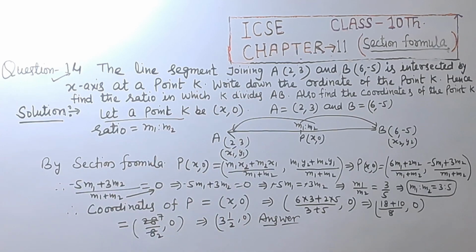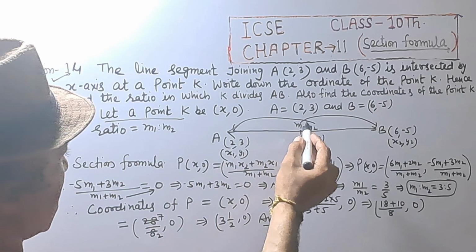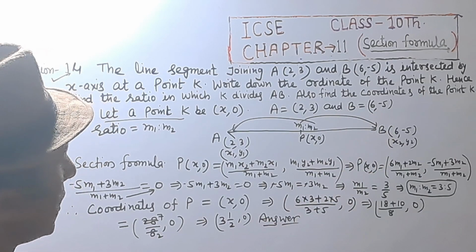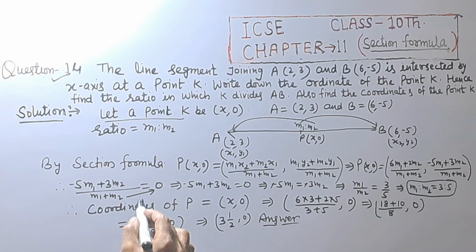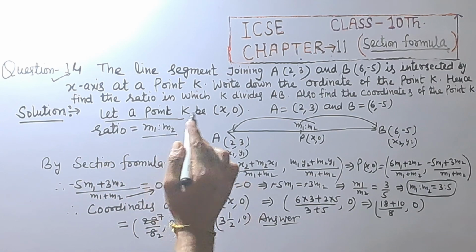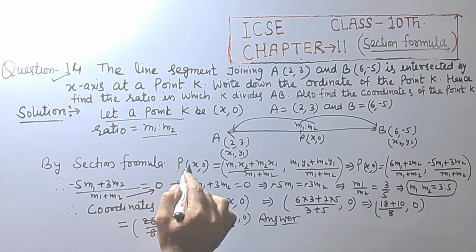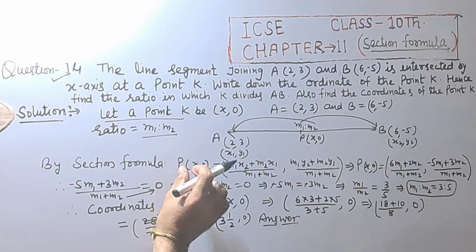Let a point K be (x, 0) and given point A is (2, -3) and B is equal to (6, -5). Let ratio be M1 ratio M2. We are using the section formula.